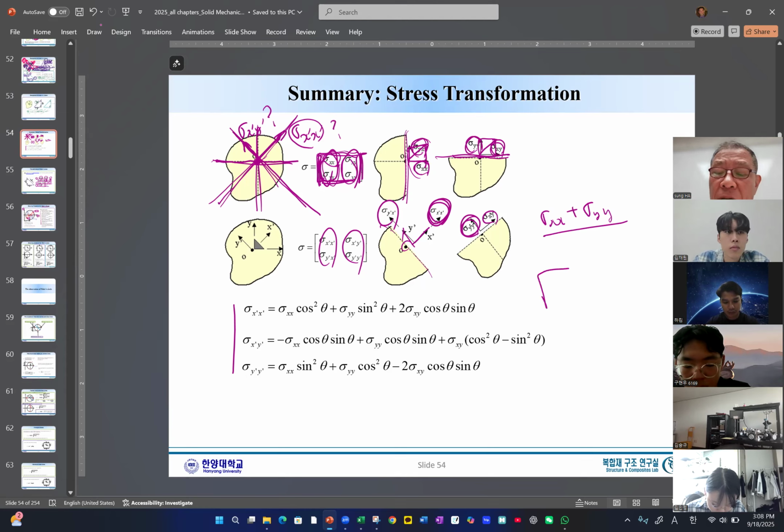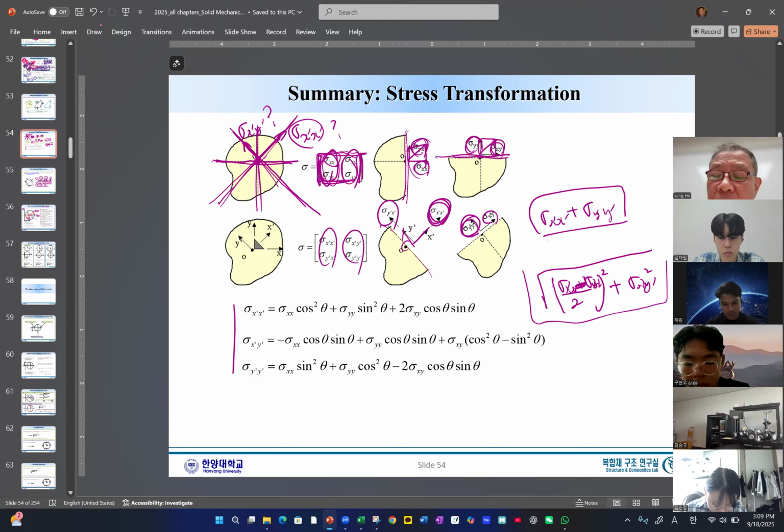Another term that doesn't change, a little bit more complicated, is minus sigma yy scaled plus sigma xy scaled. You can say prime, it doesn't matter. So this term will be the invariant, and this term will be the invariant.